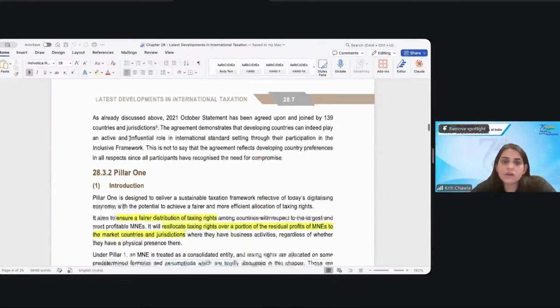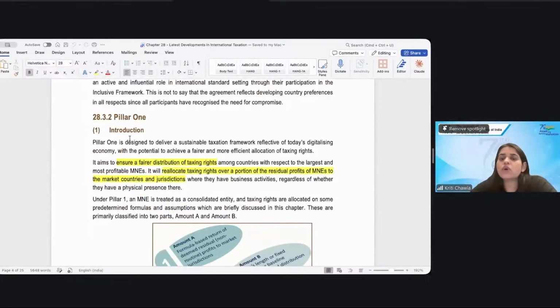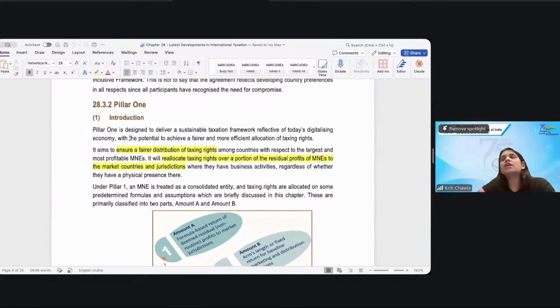Now, if you talk about pillar 1, as I mentioned, it was there to make sure that there is fairer distribution of taxing rights among jurisdictions. So what Pillar 1 will really do is to reallocate taxing rights over a portion of residual profits of the multinational companies to market countries and jurisdictions.